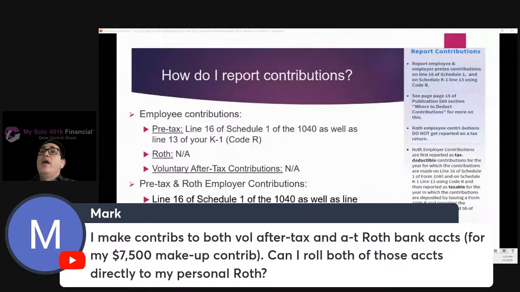So anytime you're talking about transferring funds out of the solo 401k, even if it's going to another retirement account, you've got to consider the distribution rules. And you generally can't transfer funds out of the solo 401k, even if you're going to another retirement account, until you've met a triggering event, such as being age 59 and a half or older. Here's a page that talks about those triggering events.